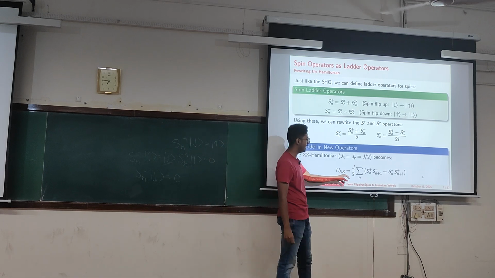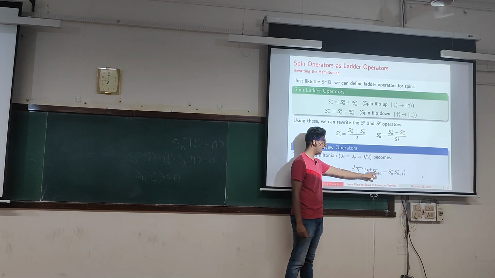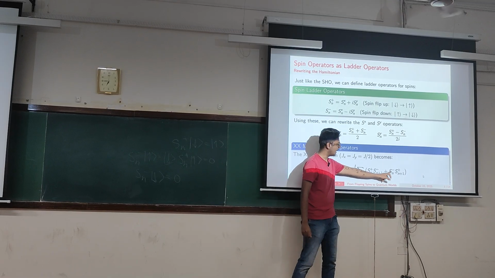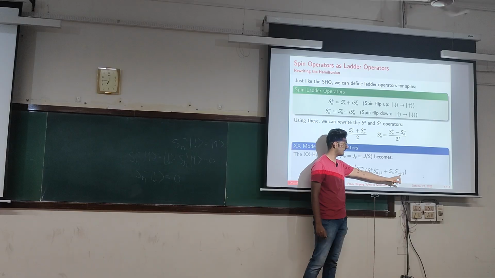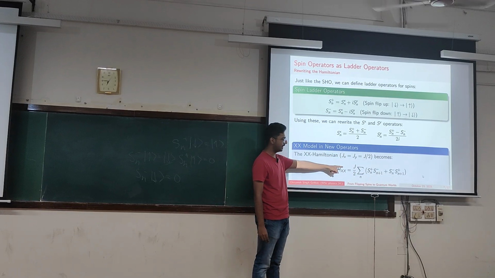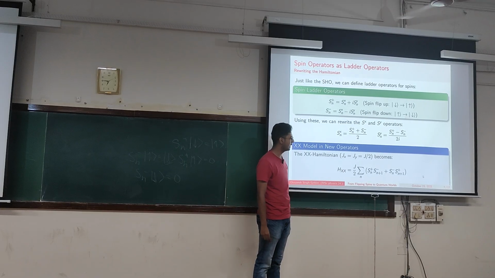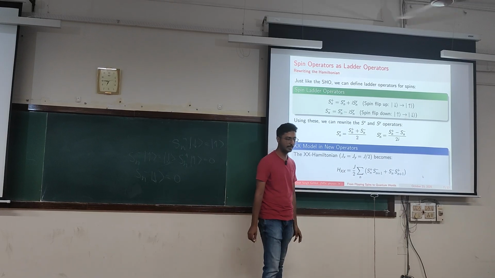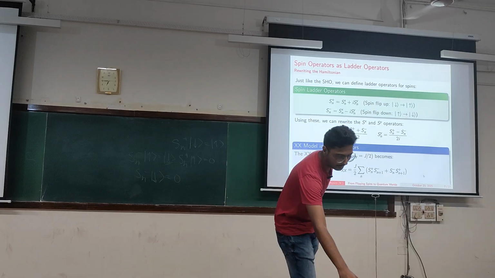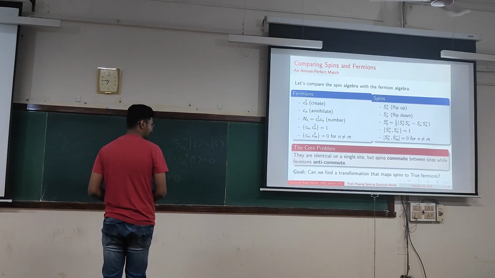In this new Hamiltonian we have the terms S_n plus S_(n+1) minus, S_n minus S_(n+1) plus. This is something which we can transform into something very doable. So I will now try to correlate a few things.